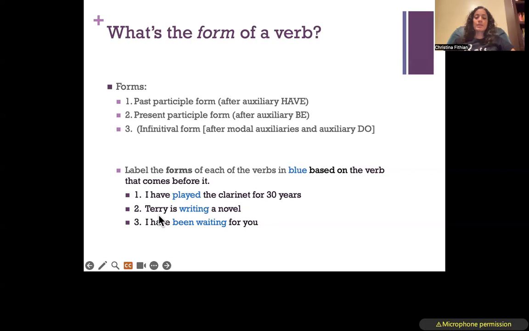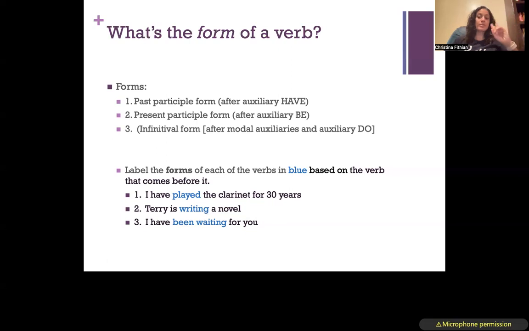Okay, number 2. "Terry is writing a novel." Now in this case, I see this ing. Now, ing is a dead giveaway that you have a present participle. They always end in ing. But nevertheless, we want to check. So we look and we notice we have is, but it's not main verb be.